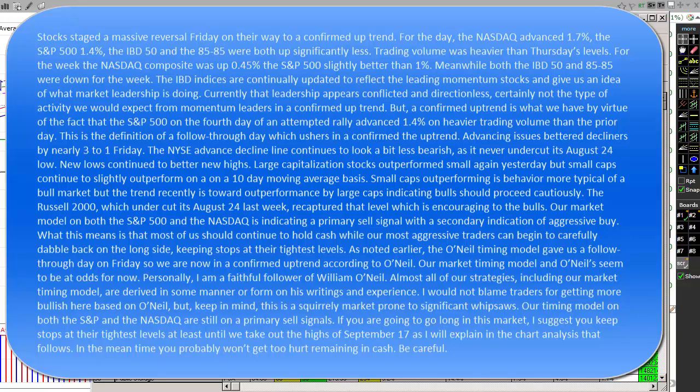Our market timing models on both the S&P and the Nasdaq are still on primary sell signals. If you're going to go long in this market, I suggest that you keep your stops at their tightest levels, at least until we take out the highs of September 17th, as I'll explain in the chart analysis that follows. In the meantime, you probably won't get hurt too badly remaining in cash.